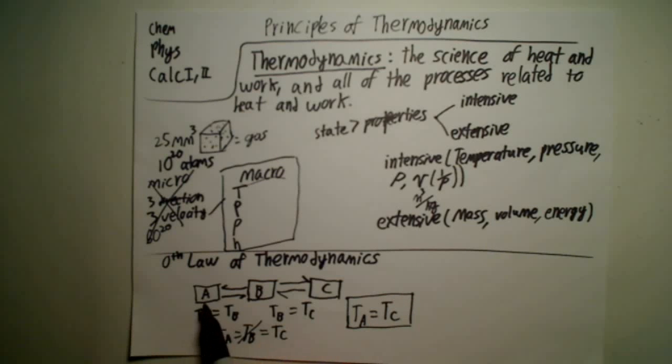If the temperature of B equals the temperature of A, and the temperature of C equals the temperature of B, well then the temperature of A must equal the temperature of C. It's a very, very basic concept that is the zeroth law of thermodynamics. Nothing more to it. That's it.